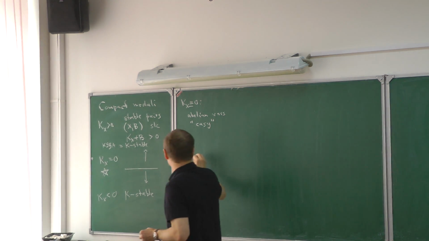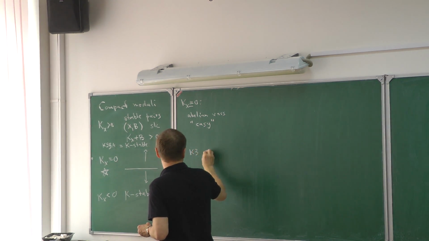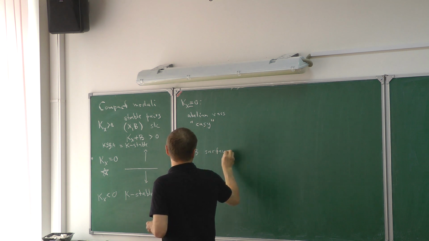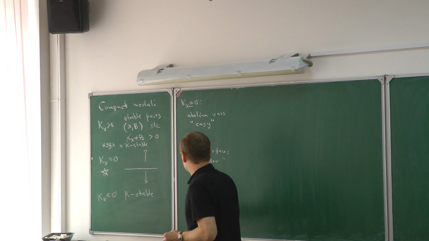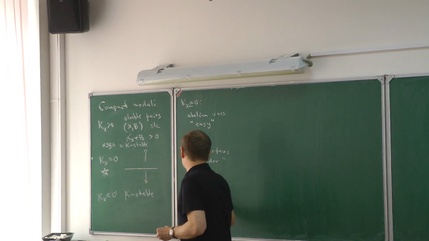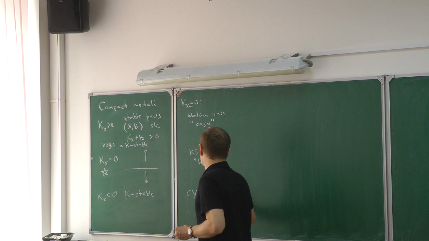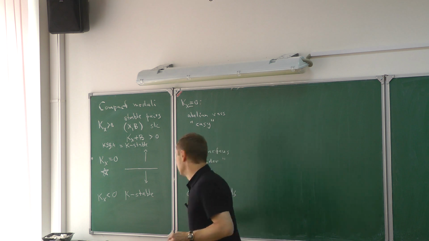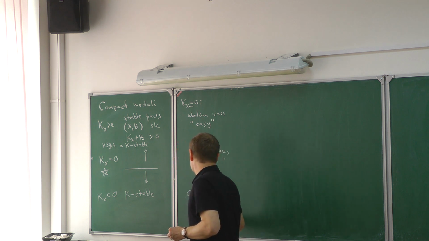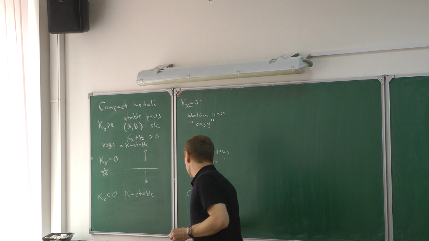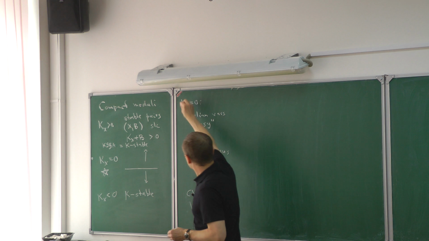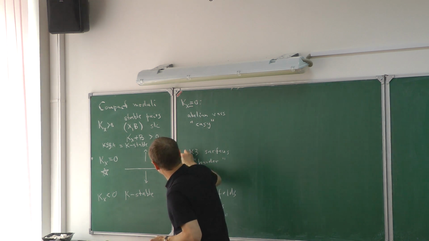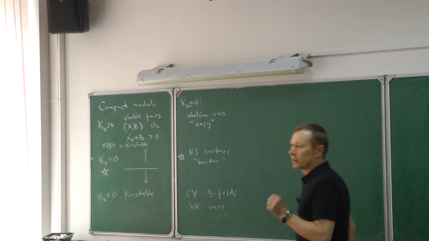And then there are K3 surfaces, harder. And then you can look at Calabi-Yau threefolds, say, and maybe hyperkähler varieties. So even harder. On this scale, in this talk I will stick to this case.